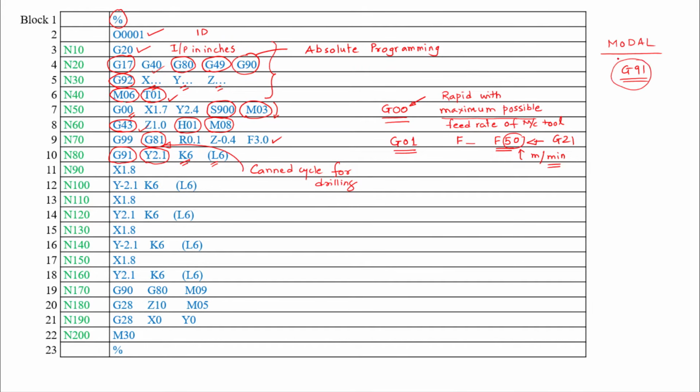So there is no need to write G91 for the subsequent rows unless we write G90 somewhere in the subsequent rows. You can see that in block number 19, when we are switching from 91 to 90. So unless you write G90, G91 would be considered by the controller. With X1.8, hole number 8 would be carried out.